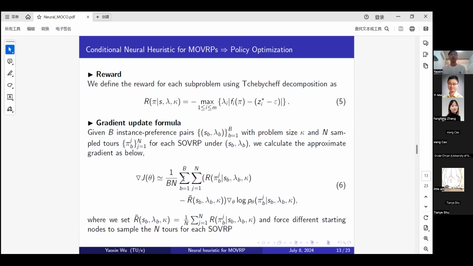And for this gradient update formula, it seems complicated, but here B is the batch of instances, and for each instance we do some augmentation to collect the extended set of instances, and we collect these gradients and do the back propagation to update the neural network.